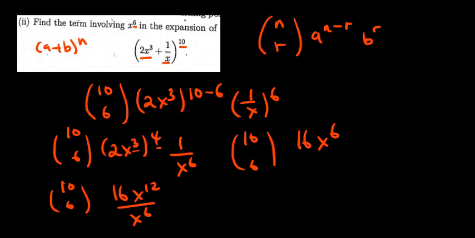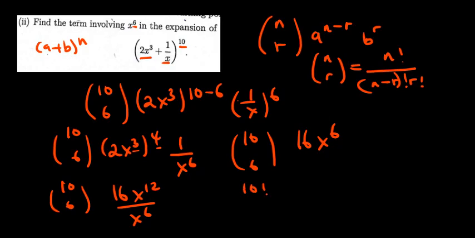So now remember that n choose r is equal to n factorial over (n minus r) factorial times r factorial. So this will just be 10 factorial divided by, 10 minus 6 gives me 4 factorial, then 6 factorial, times 16x to the power 6.